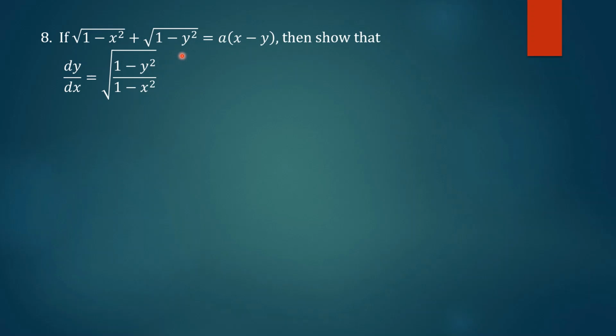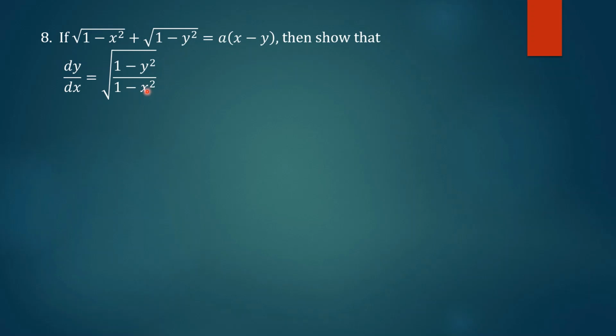Take both the functions same, sin. You can also take cos. In that case x is equal to cos theta, y is equal to cos phi. The variable should differ, but the main function should be same, because the structure of the problem is same.